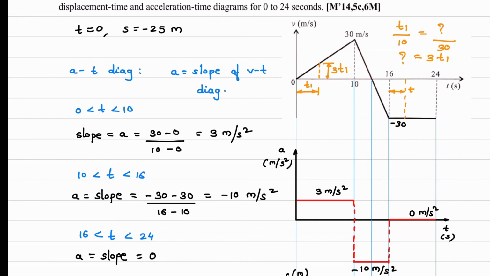Now second we will see the time interval between 10 to 16. This is 30 and bottom side it is minus 30. So what will be the slope? Acceleration is the slope of the VT diagram. So the slope will be minus 30 minus of 30 divided by 16 minus 10. So from here we got acceleration, which is minus 10.